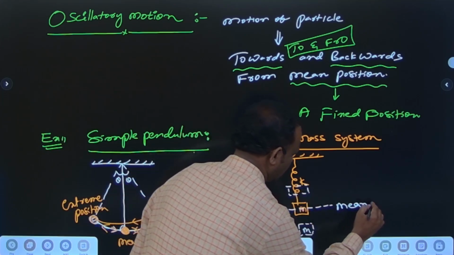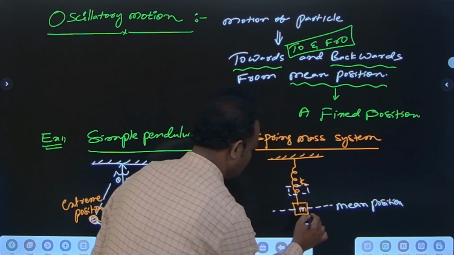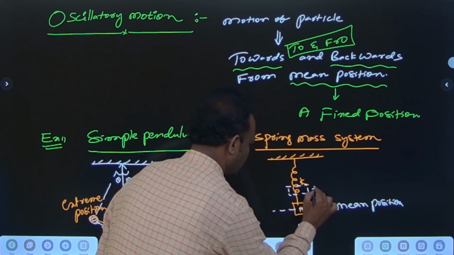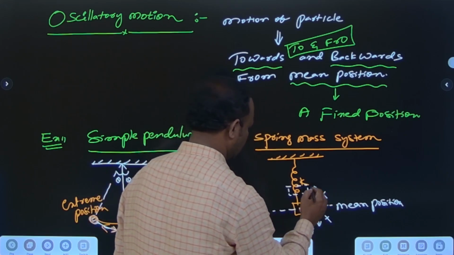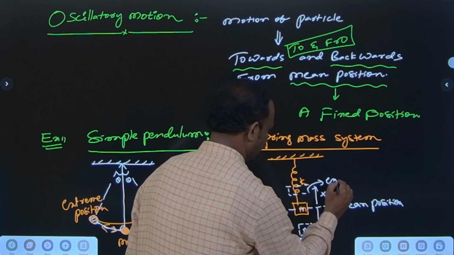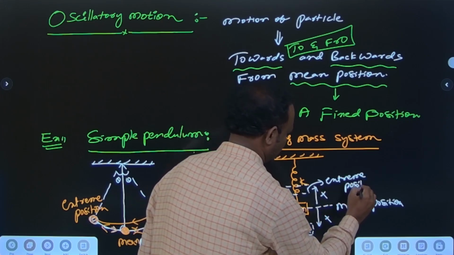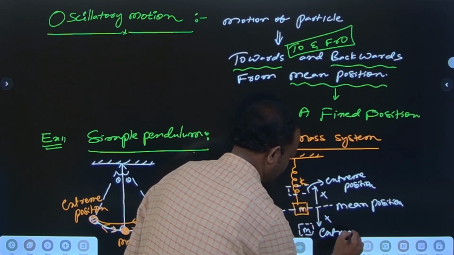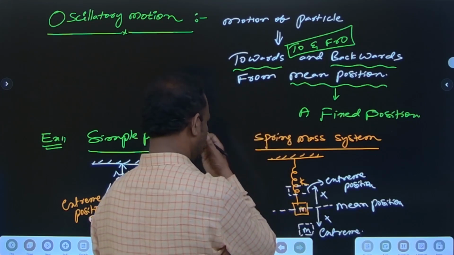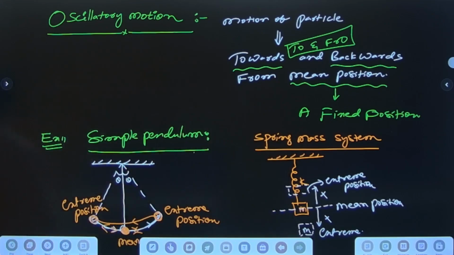The distance from the mean position is called the displacement, x is the displacement. These are the extreme positions, and here also it is an extreme position. So the spring mass system is an example of oscillatory motion.